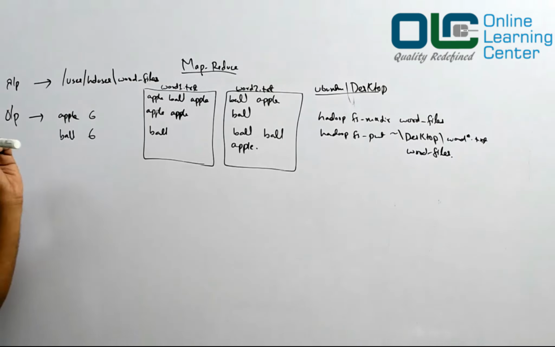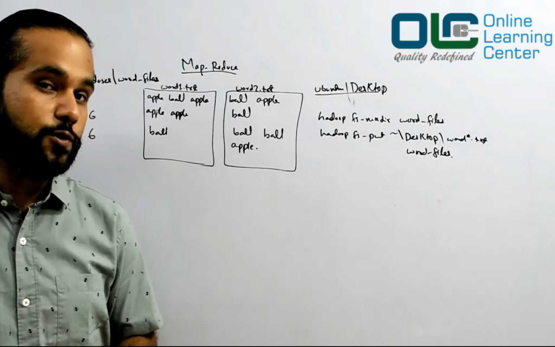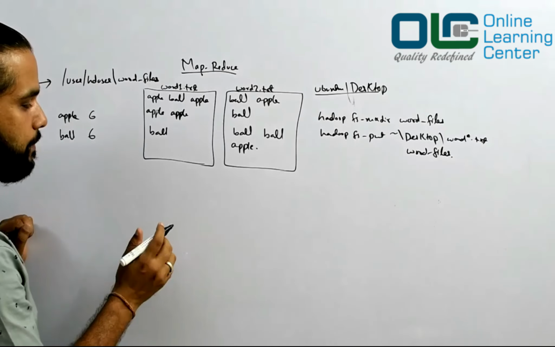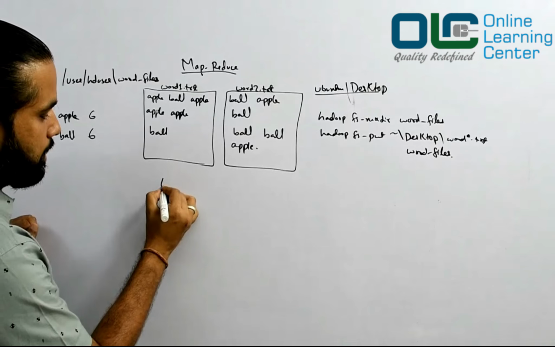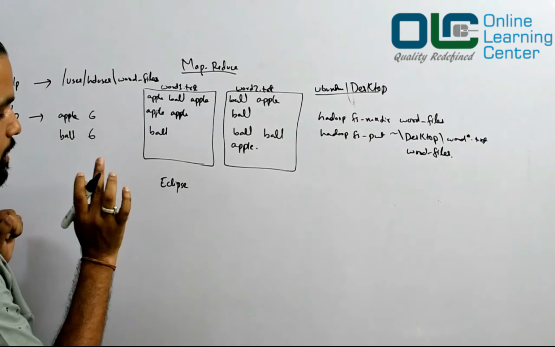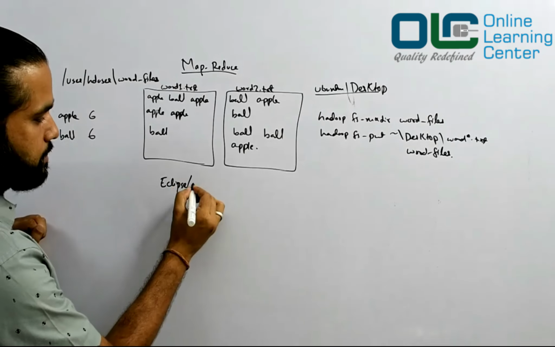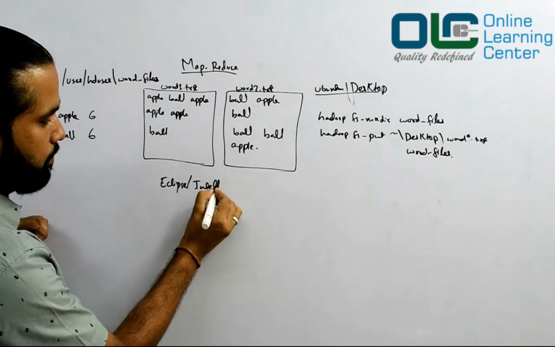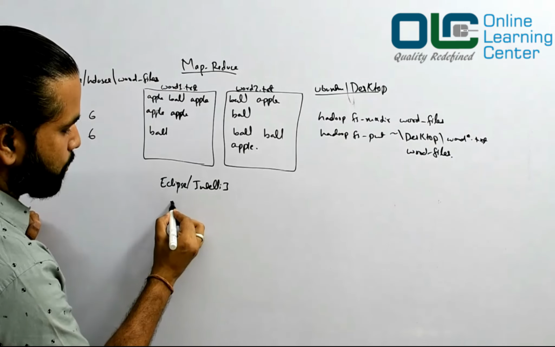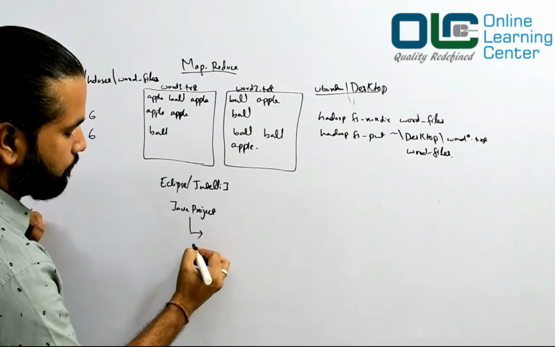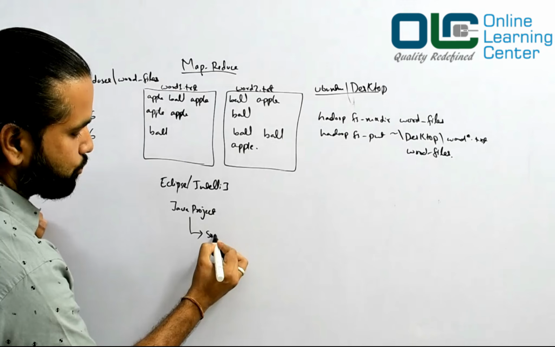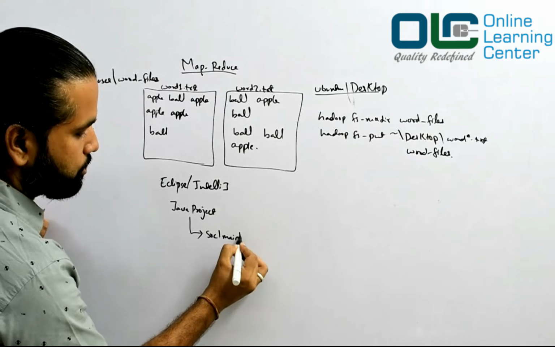Now we have to write a code, and that code is basically a MapReduce code. In a typical MapReduce program, we will install Eclipse, and I assume that we have already installed Eclipse or IntelliJ, whatever is your comfort. There we will create a Java project, and inside that Java project we will have certain resources like src, main, java.